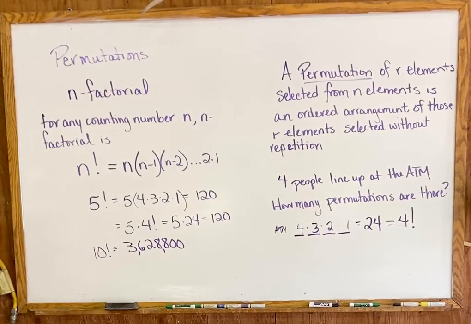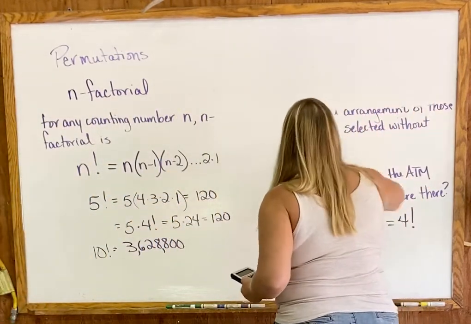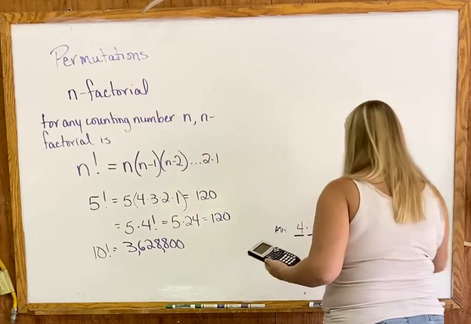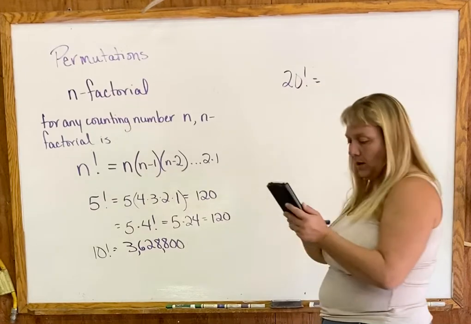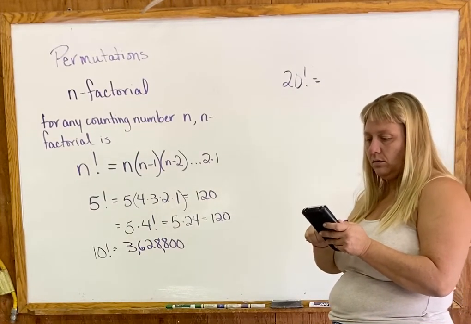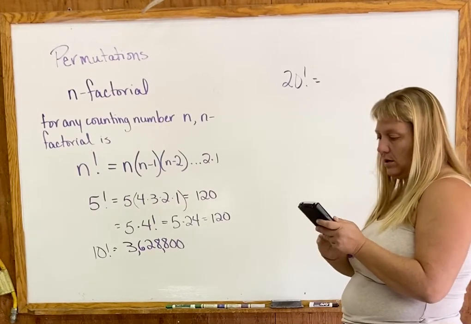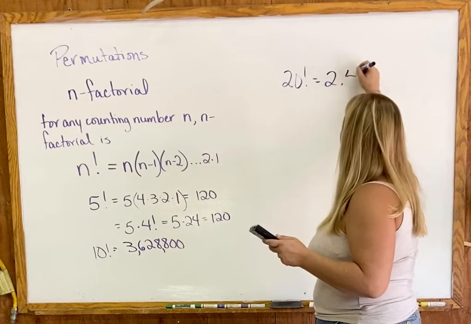So 10 factorial is a large number, isn't it? Let's think about that a little more. What if we did 20 factorial? Go ahead and try 20 factorial in your calculator. Hopefully you noticed that right off the bat we went to scientific notation.